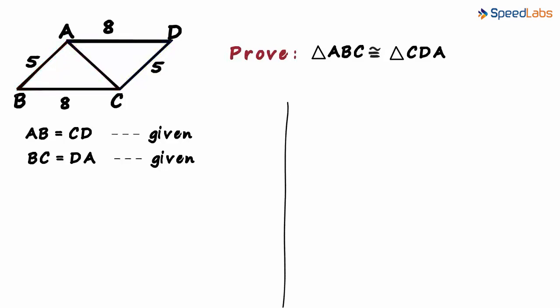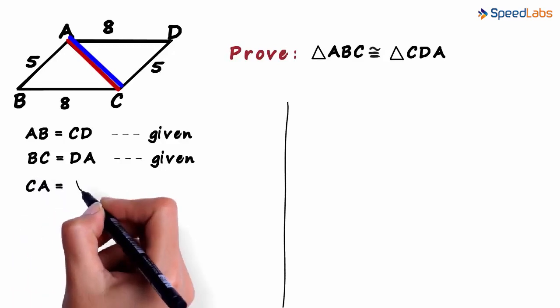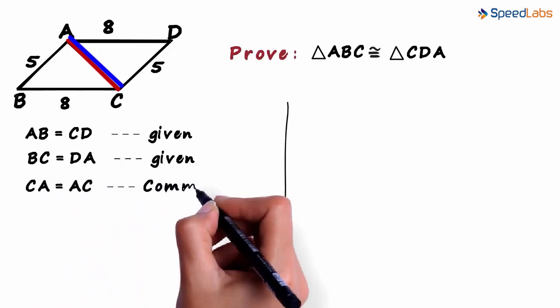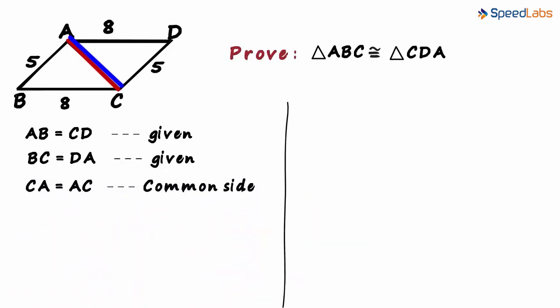The third side of triangle ABC is this, and hey, the third side of triangle CDA is also this. It means the third sides of each triangle are equal. We can say that CA is equal to AC as it is the common side to both the triangles. CA is equal to AC.